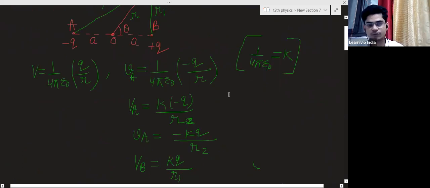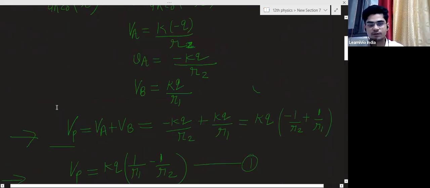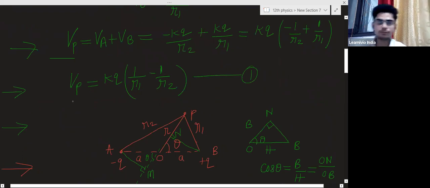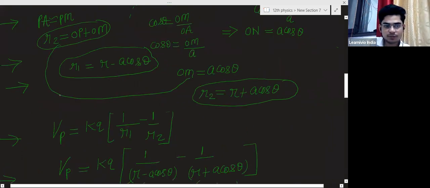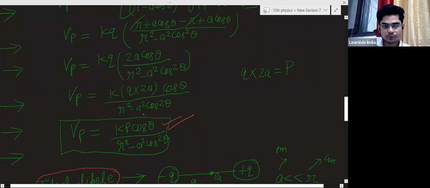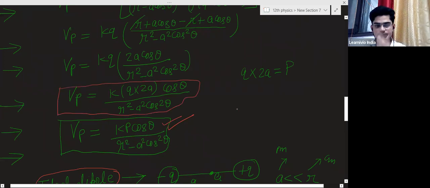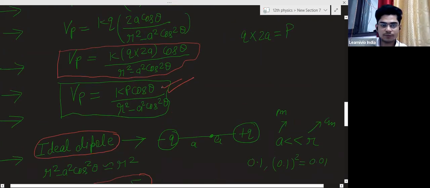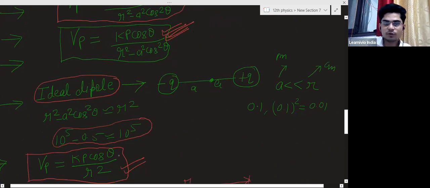We got this formula for Vp, and we converted it into this formula by considering the concept of an ideal dipole: Kp cos theta by r square.